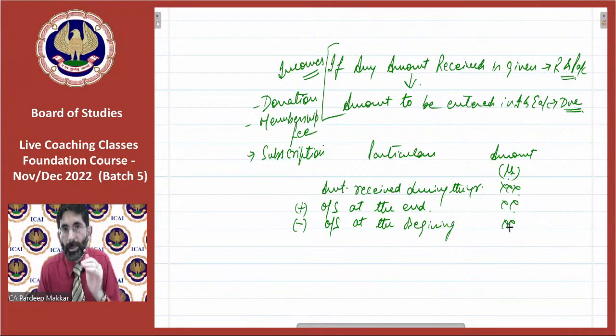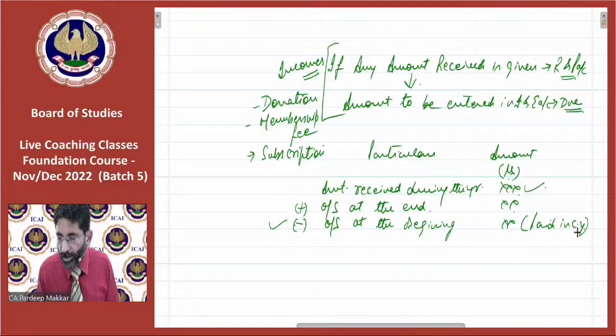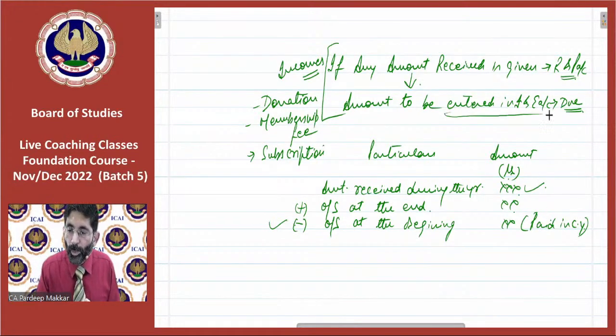Why? Because this amount is already included in it. We have to deduct it to calculate the amount which relates to the current year only. Because it includes this amount, since it has been paid during the year. We assume that this has been paid in the current year, but we don't need it. We have to calculate the amount to be entered in the income and expenditure account.